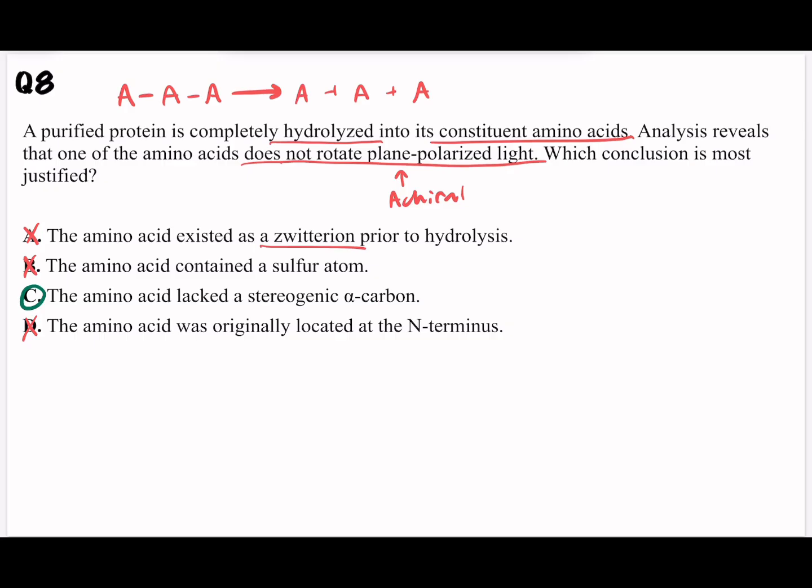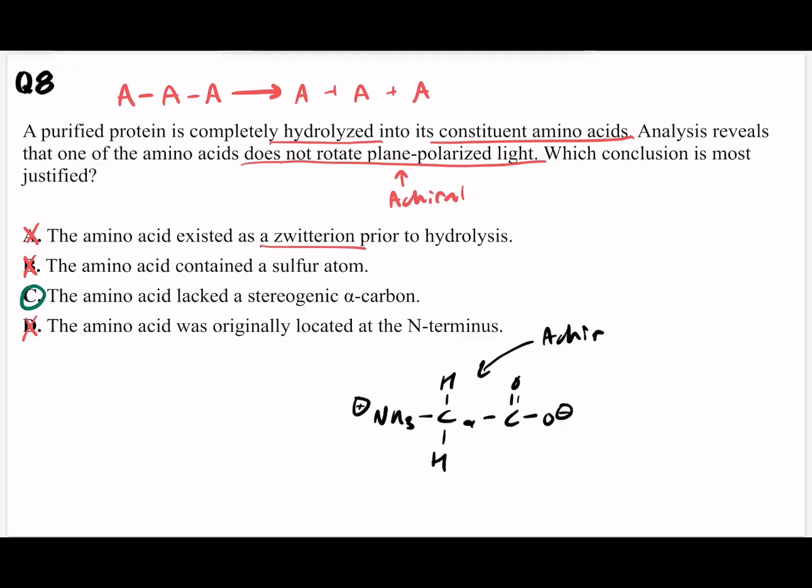Just thinking about our amino acids, we know that sounds pretty reasonable because there's one amino acid that is achiral, which happens to be glycine. Just to quickly draw it out, we can see why glycine has this property of not being able to rotate plane polarized light, and it's because it's achiral.